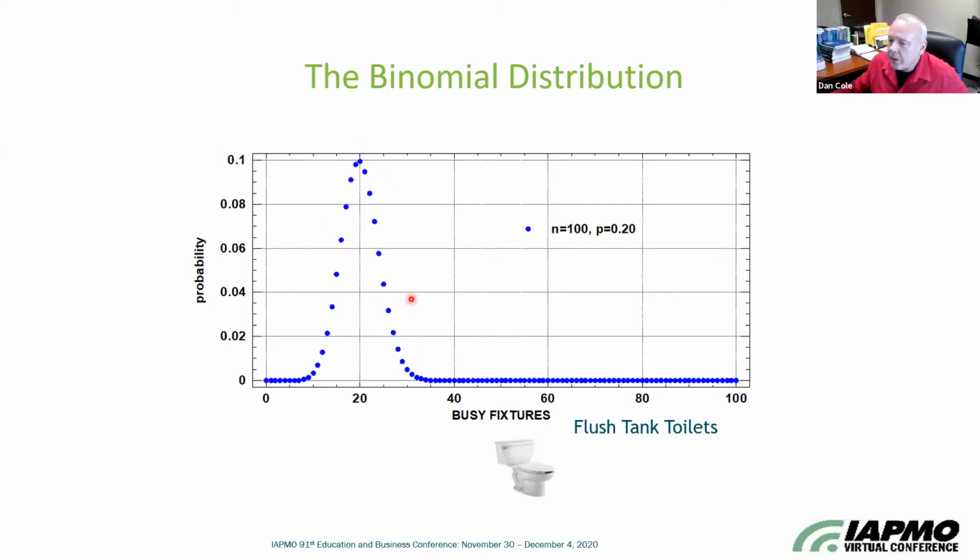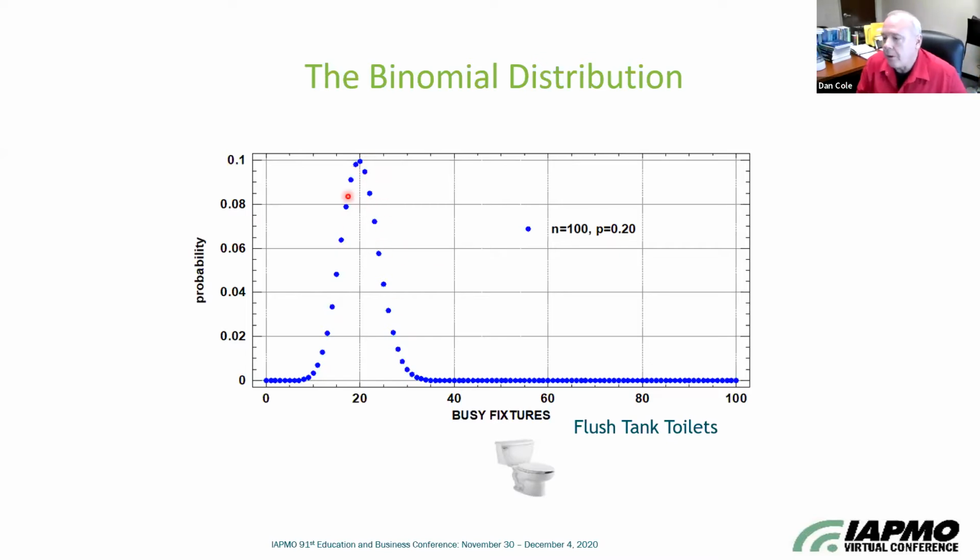That's what makes it a nice bell curve, and that's what makes it symmetrical, because 50% is on one side, 50 on the other side. So if you look at the 50th percentile, that says that there's going to be 20 busy fixtures on, and that there's a 50% chance that more than 20 fixtures will be on. That's what this bell curve is telling us.